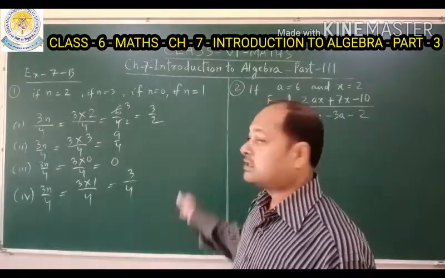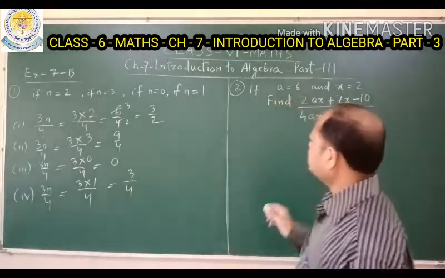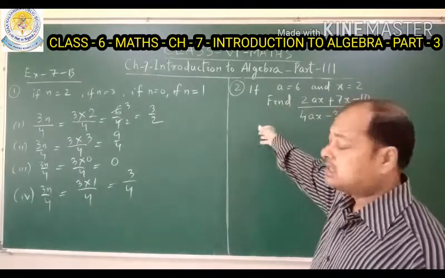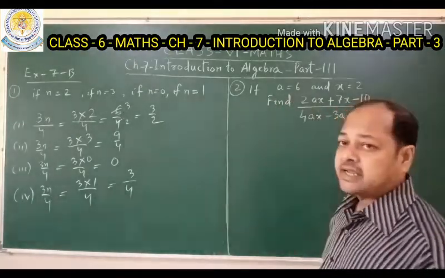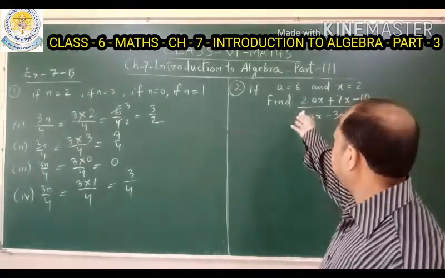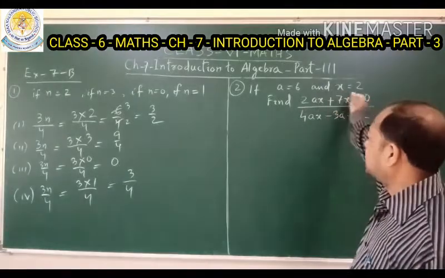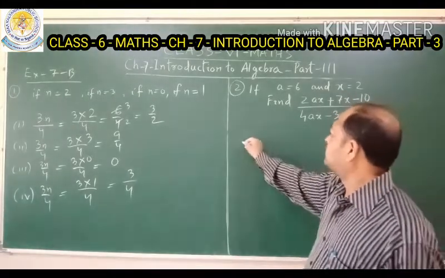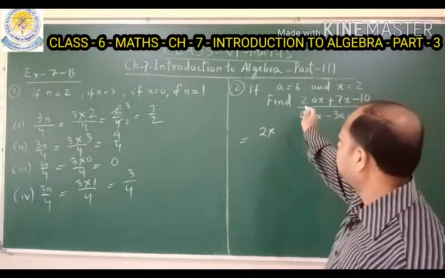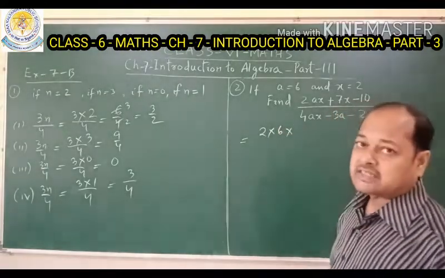Okay. Now look at question number 2. In question number 2 we say that again the same substitution method will apply. So the a value is 6 and the x value is 2 here. So put the value of a and x in place of these algebraic expressions. So here 2 into a into x. So what is the a value? That is 6. And what is the x value?